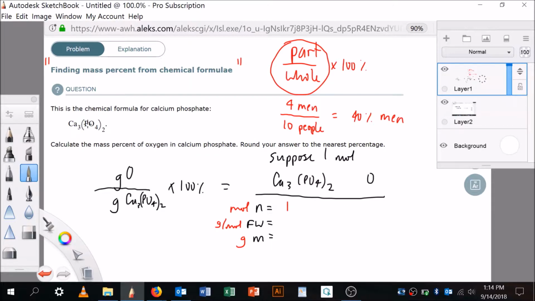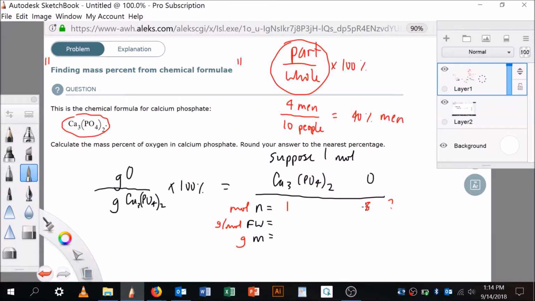It looks like 4 moles of oxygen here, but it's times 2, so it's going to be 8. We did that in a previous topic, converting moles to moles. So if I've got 1 mole of calcium phosphate, I have 8 moles of oxygen.